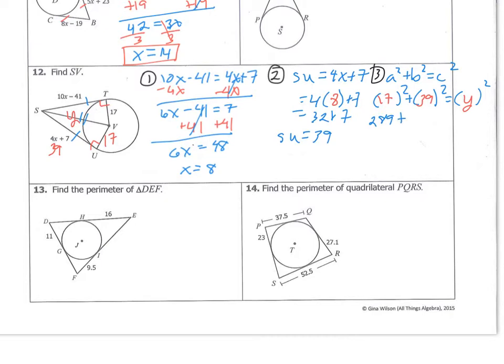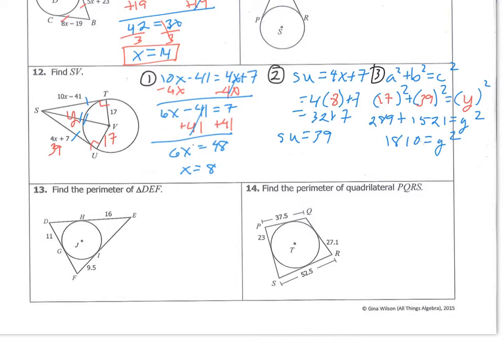What is 39 squared? 1521 equals Y squared. Add those together, what do you get? 1810 equals Y squared. Now how do you find Y?